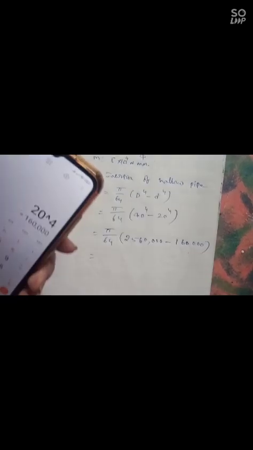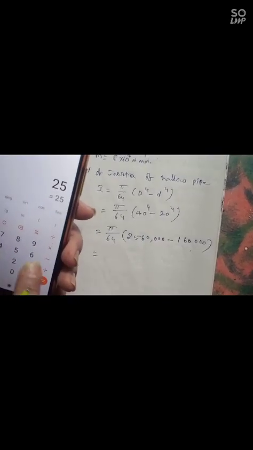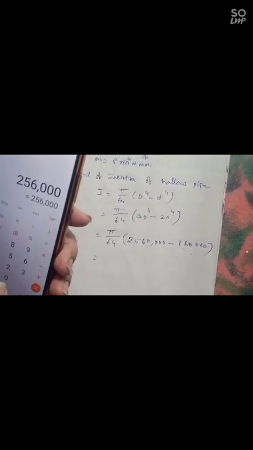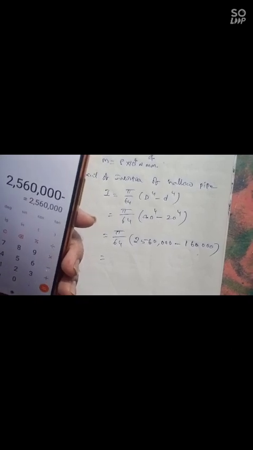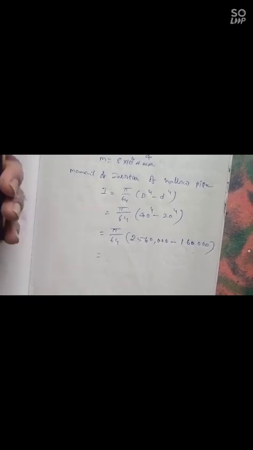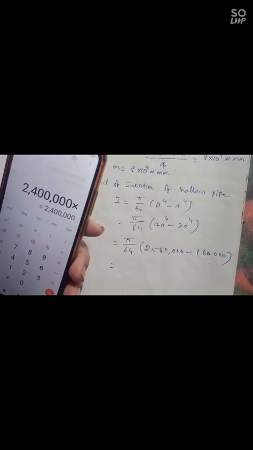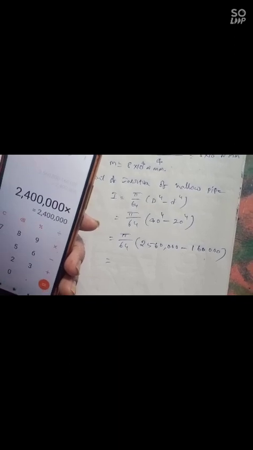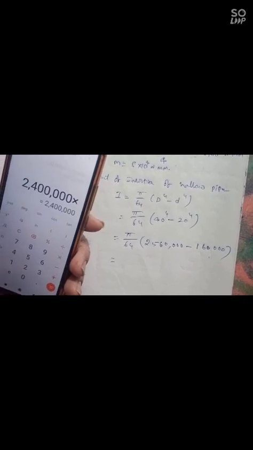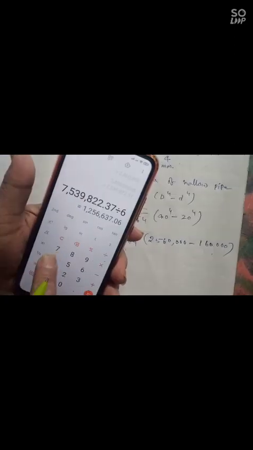So that is 25 lakhs 60,000 minus 1 lakh 60,000, into pi divided by 64.